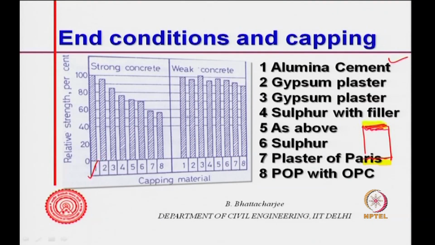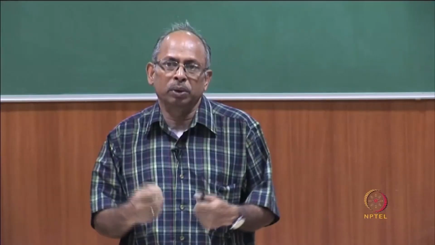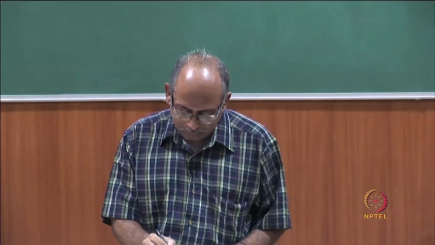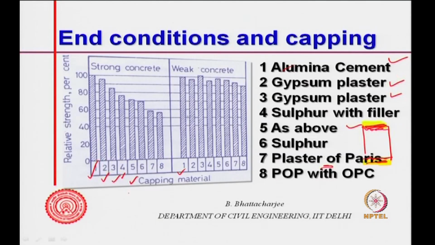The first material is alumina cement, and the second is gypsum plaster, the third is another gypsum plaster, and the fourth is sulfur with filler, sulfur concrete. Yellow sulfur, which you might have seen, actually melts, so you put some aggregate or filler into it, and then it becomes almost like concrete when it solidifies. So, the sulfur concrete. Then plaster of Paris, calcium sulphate 2H2O that we know, and POP, plaster of Paris, with ordinary Portland cement.